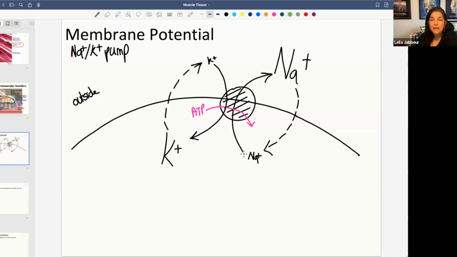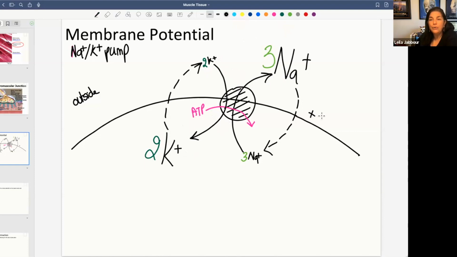For every 3 sodium ions it pumps out, it really only brings 2 potassium ions back in. So in the end, 3 plus charges are pumped out, but only 2 plus charges are brought in. 2 positive charges in, 3 positive charges out.